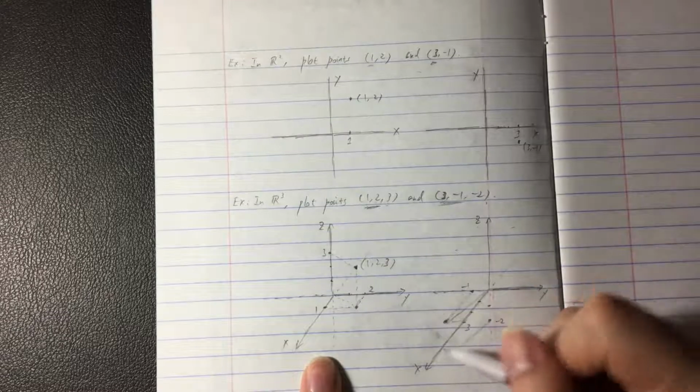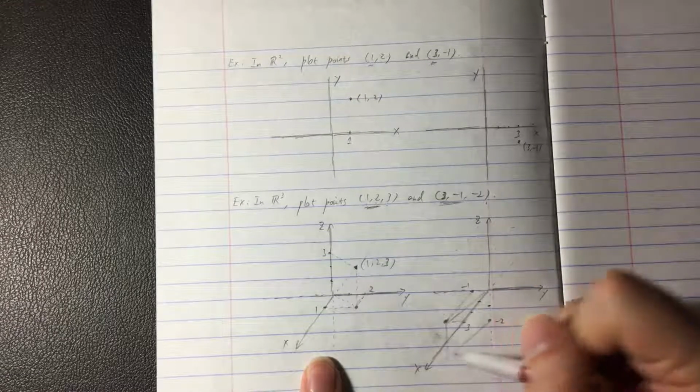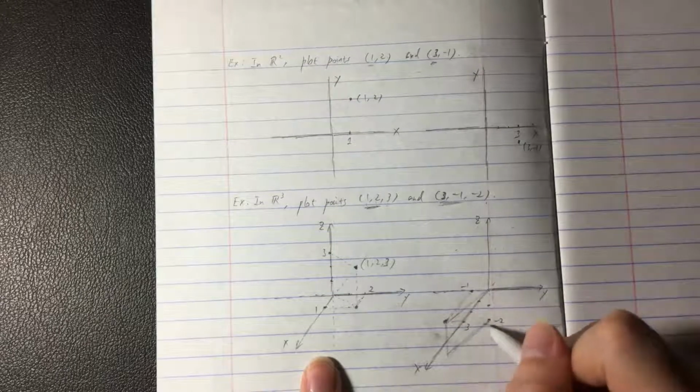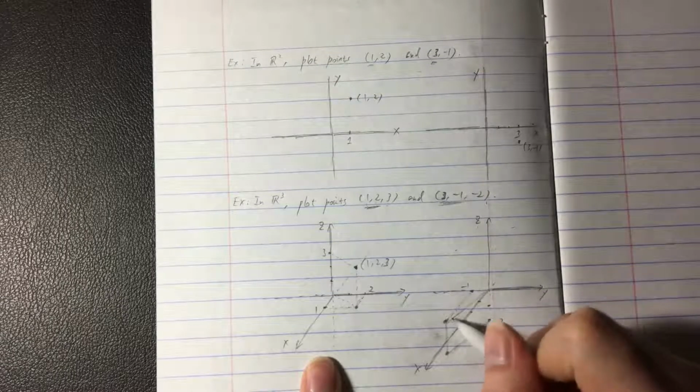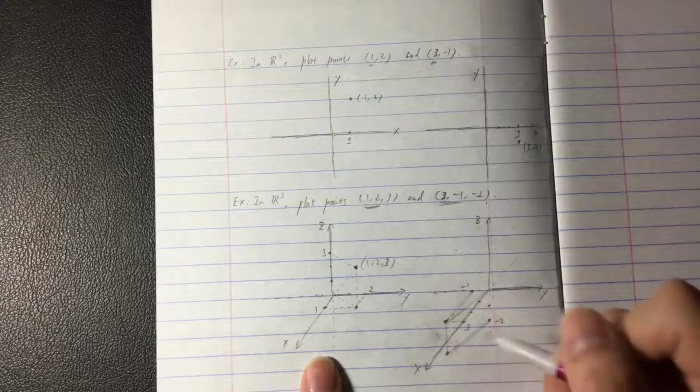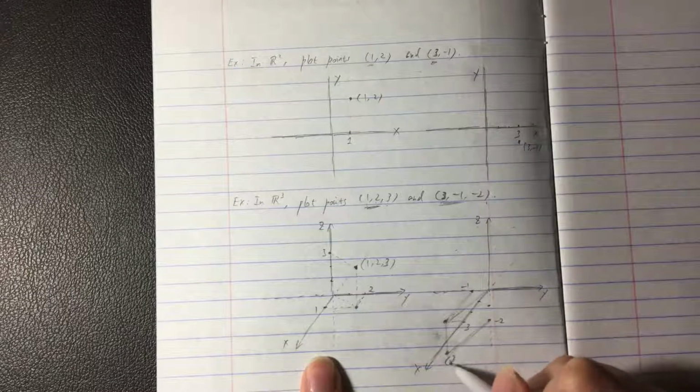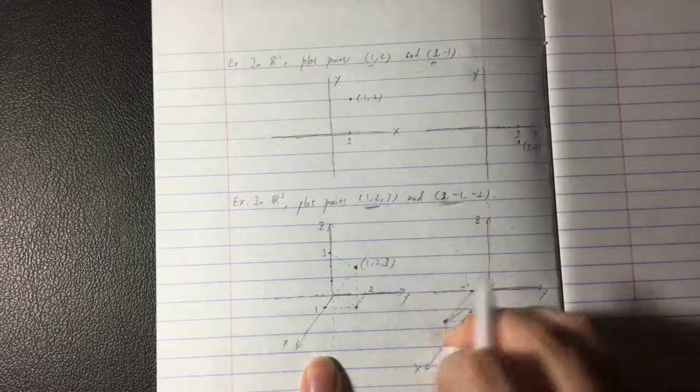Shift this point down by 2 units. So that's the point 3, comma -1, comma -2.